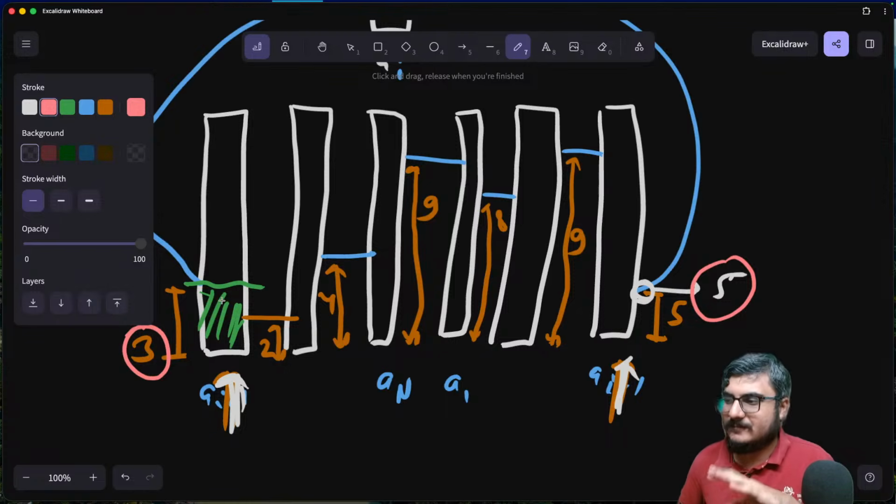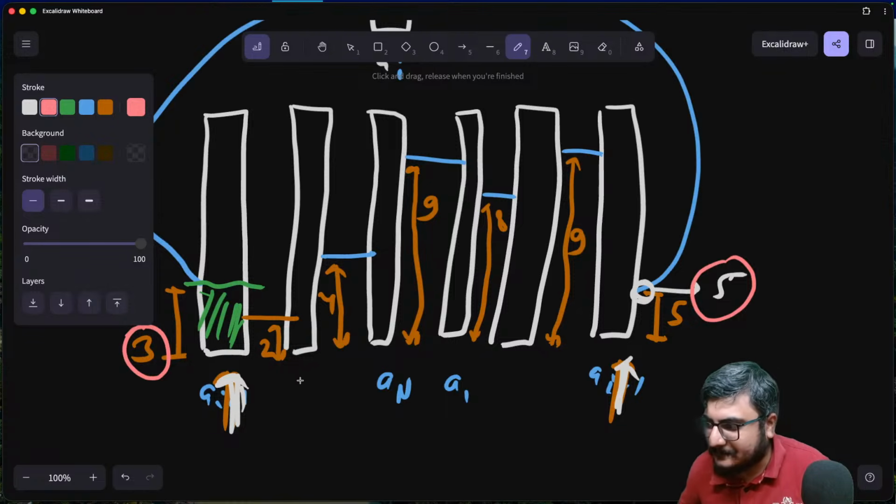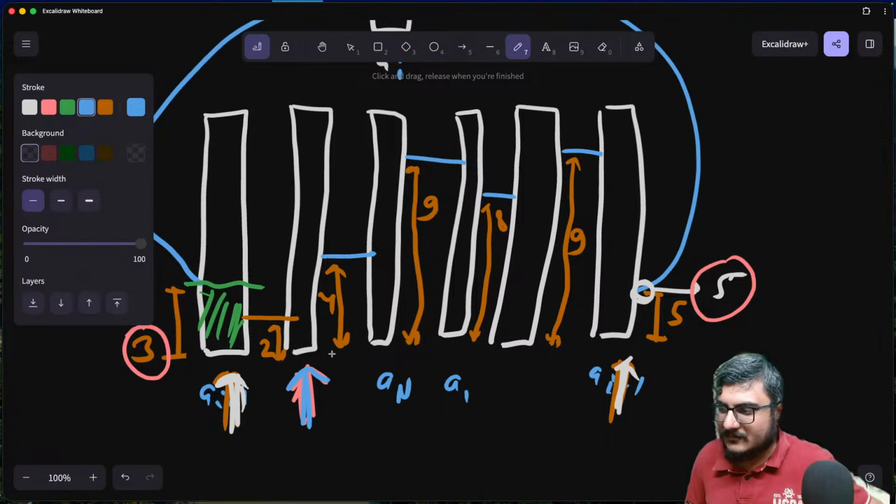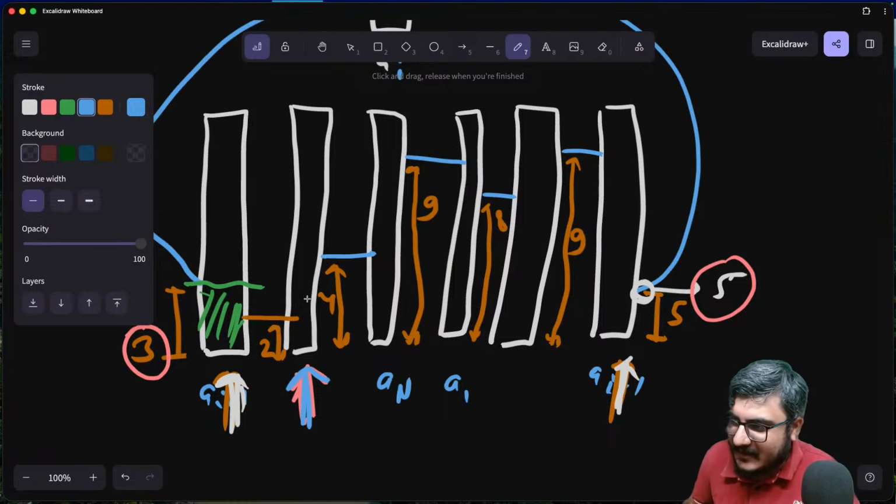Now, let's say I fill water of height 3 on this side, and let's move our pointer a bit to the right side. Now let's move over here. Again, what would be the maximum water I can fill over here so it will not flow? Even though we have a pipe at 2 over here, we have a pipe at 3 over here.